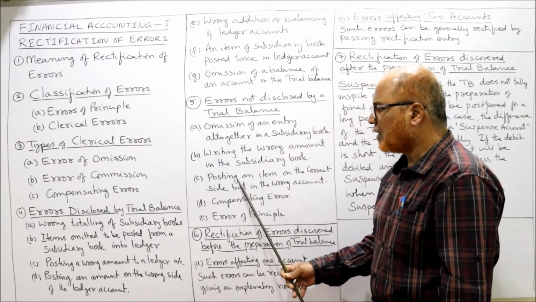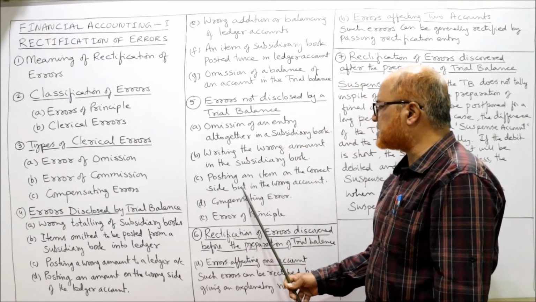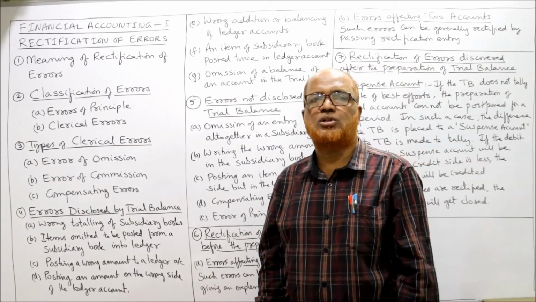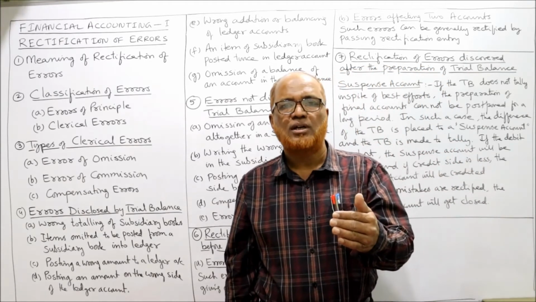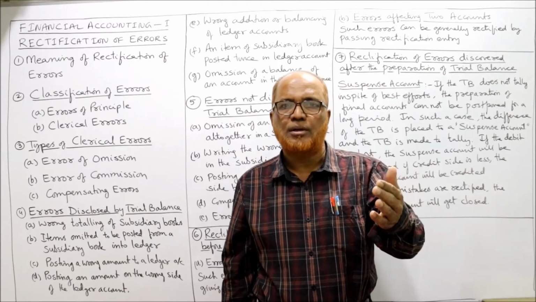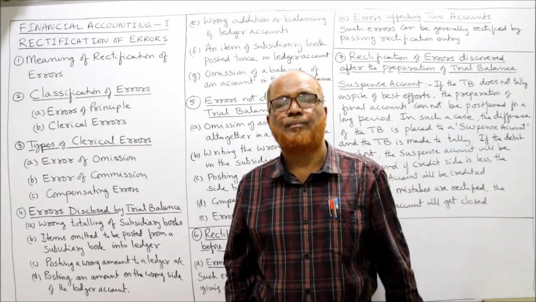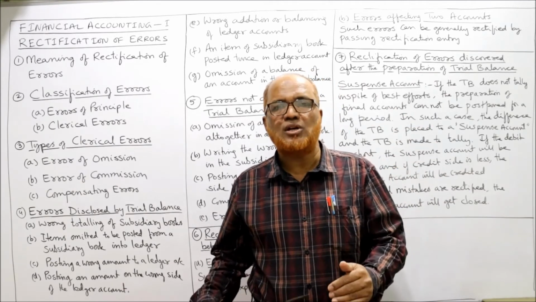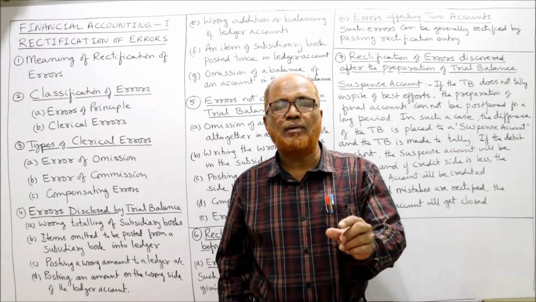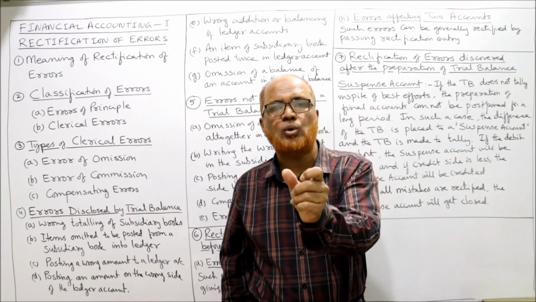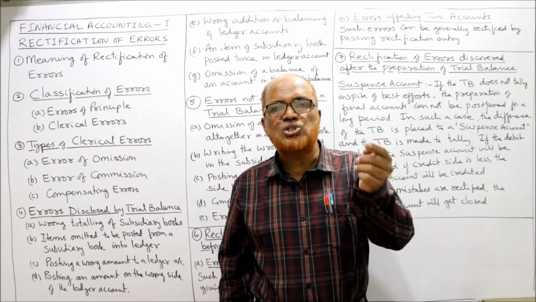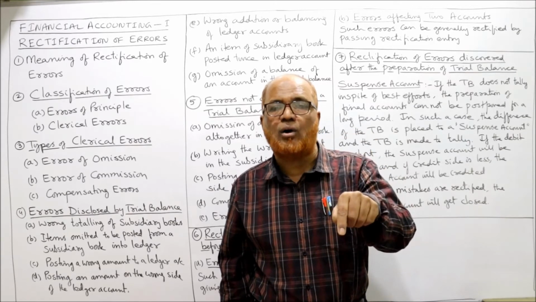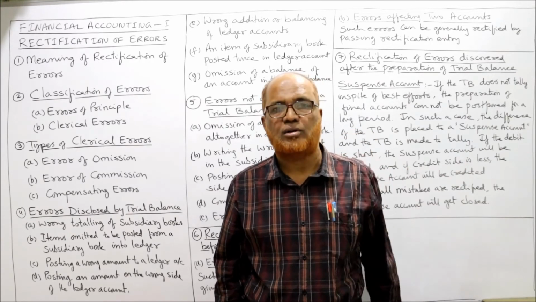Next one. Posting an item on the correct side but in the wrong account. Example, we have purchased goods from X. So the entry will be purchases account debit to X account. Instead of crediting X account, we have credited Y's account.